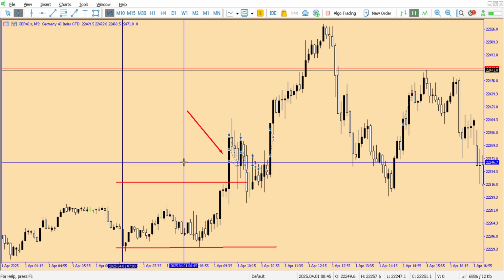I was late by 30 points, and the whole range was close to 120 points. So from the high of the range to the midpoint is 60 points, plus the 30 points that I got delayed before my first position. That tells you my total risk is 90 points. So that is quite a lot.